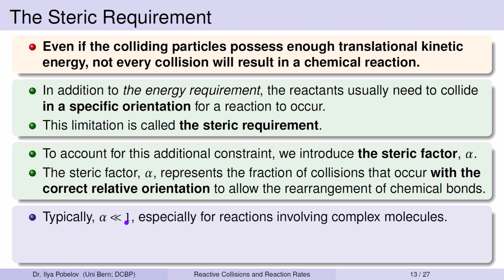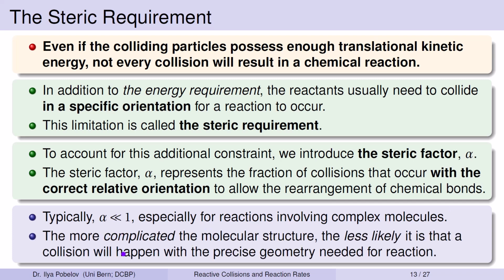Typically, alpha is much smaller than 1, especially for reactions involving complex molecules. This is intuitively understandable. The more complicated the molecular structure, the less likely it is that a collision will happen with the precise geometry needed for reaction.